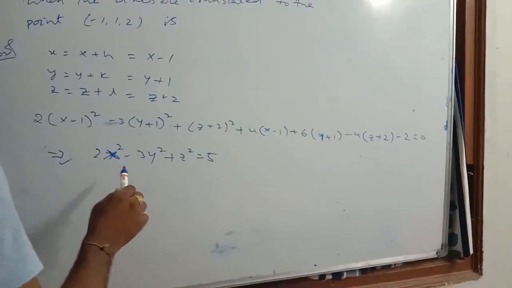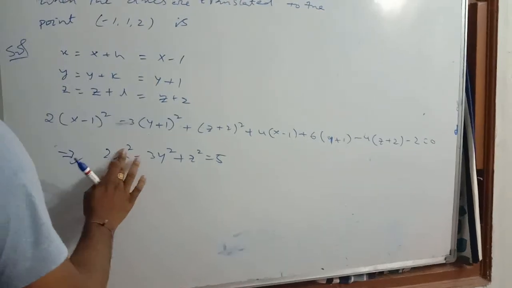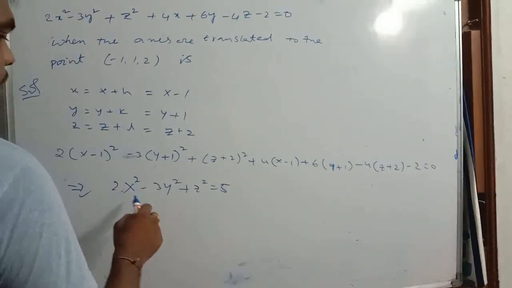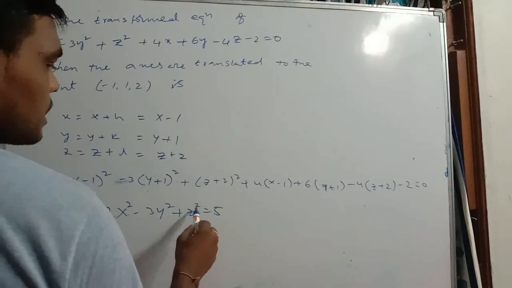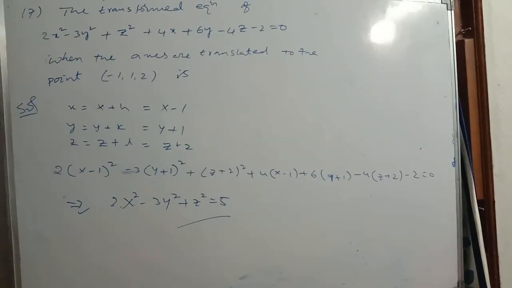Now see the options in our material: the second option, 2x² − 3y² + z² = 5. Write it down.